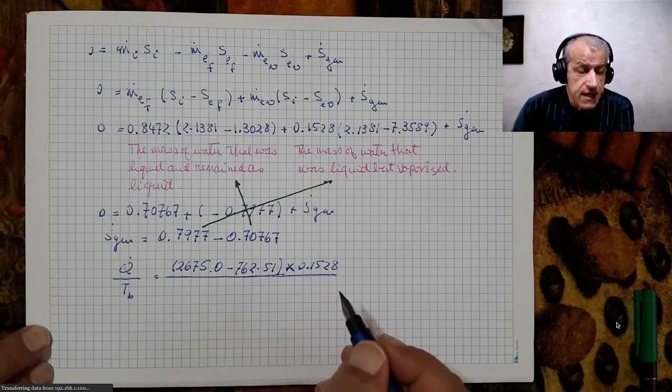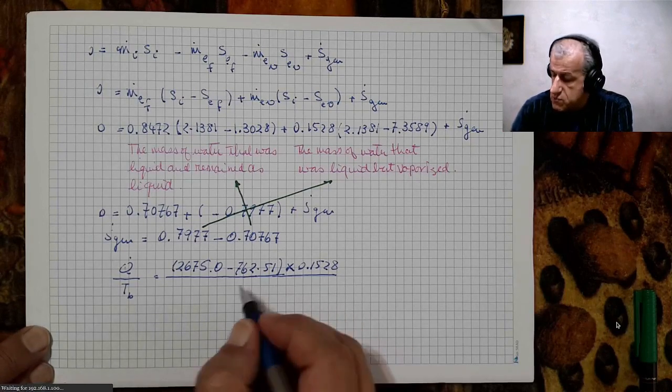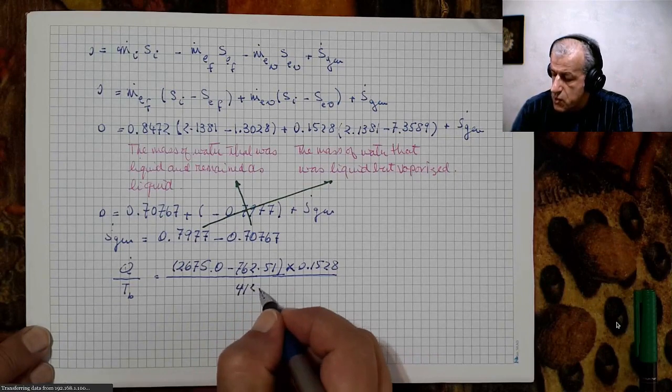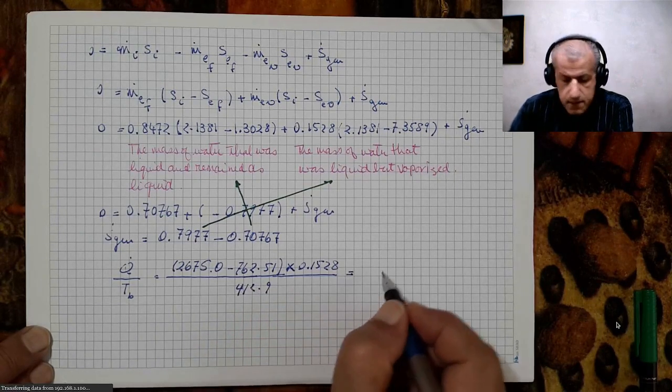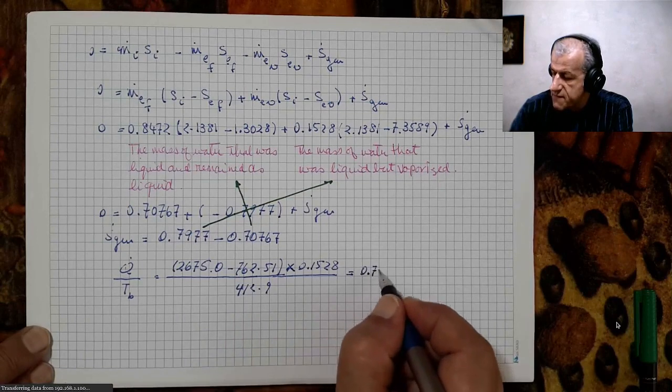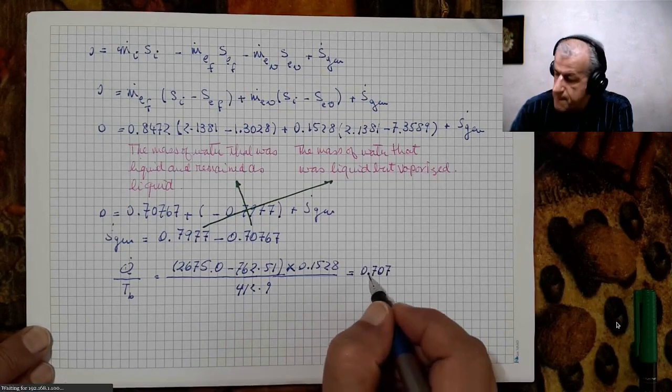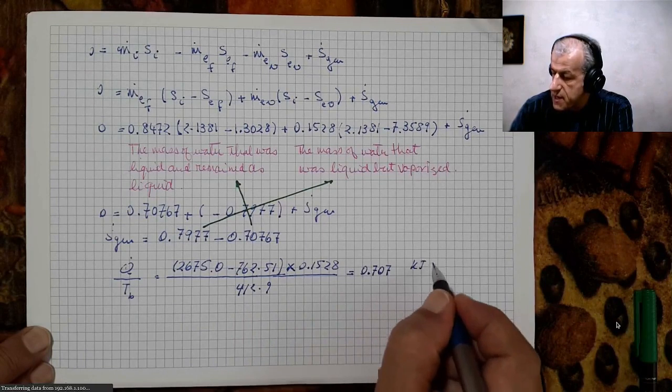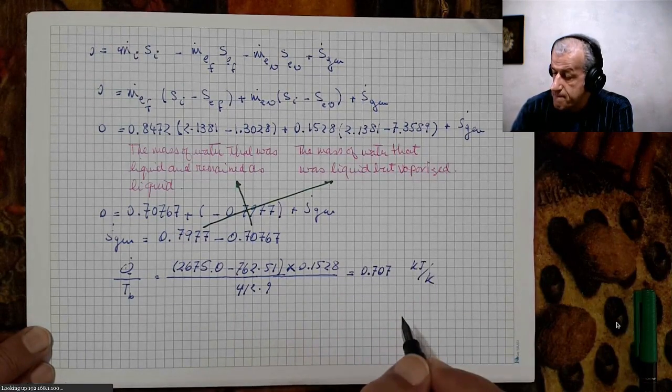Let's take an average, and the average would be 412.9. And the result of this ratio is 0.707 kilojoules per Kelvin.